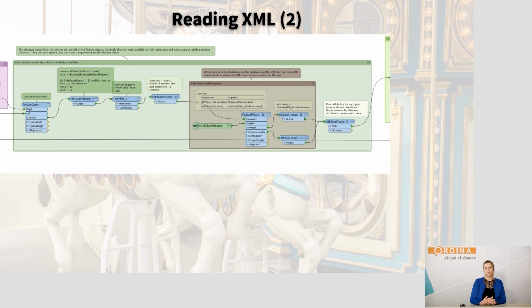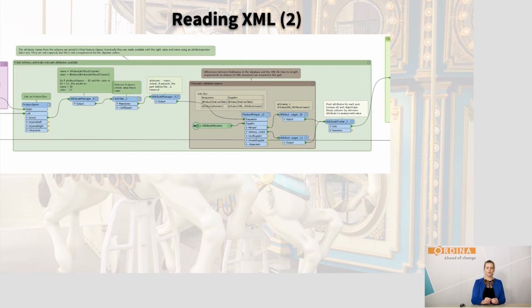Then we only take those attributes we want to take with us in the next step, and join those to the attribute we need to rename to the database. And with an attribute pivoter, based on the ID of a feature and the object type, we merge all those attributes.